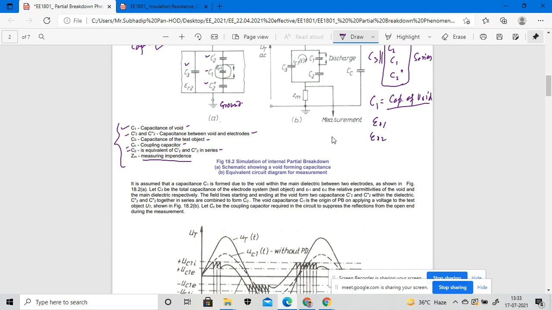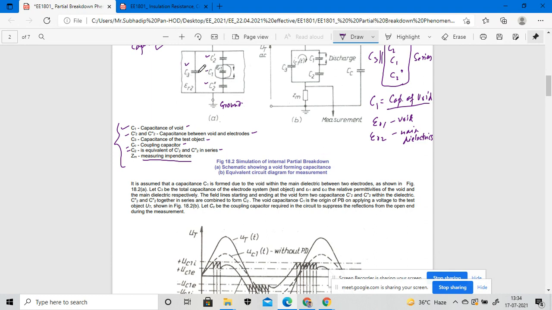Epsilon R1 is the relative permittivity of the void, and epsilon R2 is the relative permittivity of the main dielectric, right?